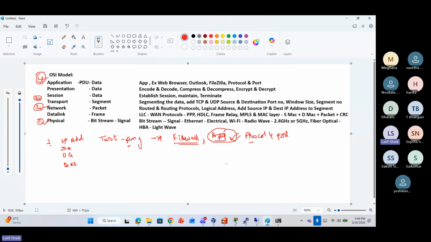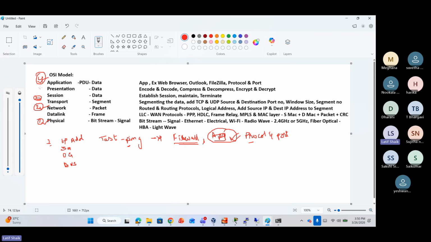When you are unable to connect to a specific service, yet pinging works, communication by ping is connected but the specific service is not connected, either the firewall is not allowing it, or that related application is not there, or the service is not running, the web service is not running, or the website is not there, or it is the wrong protocol or the wrong port number. It can be any of these things.